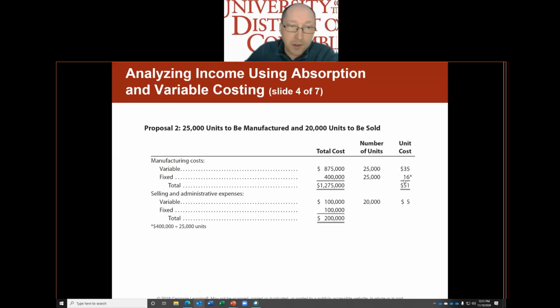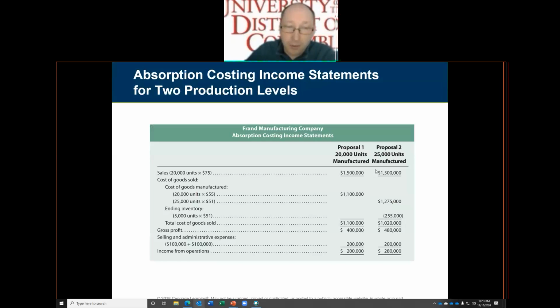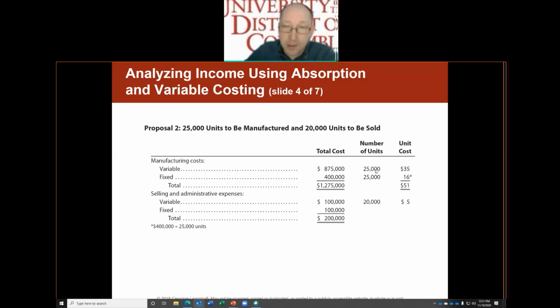But here's the difference. The fixed cost per unit, as we know, is less. But we're producing more. How can that be? Well, the reason why it's less is because we have the same fixed cost divided by a higher number of units produced. This goes back to our earlier example of perfume in the last chapter.